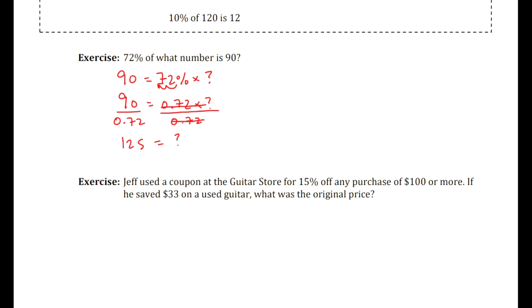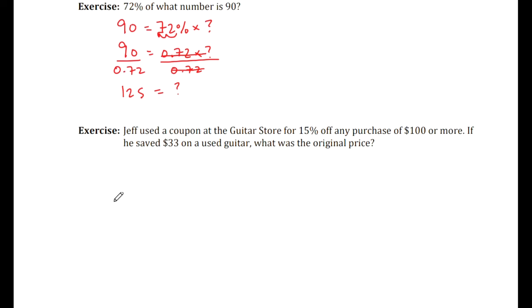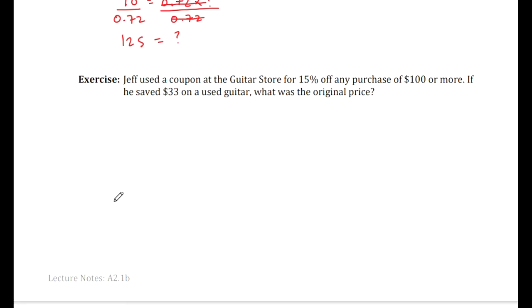For our final example, we see Jeff used a coupon at the guitar store for 15% off any purchase of $100 or more. If he saved $33 on a used guitar, what was the original price? So he saved $33.